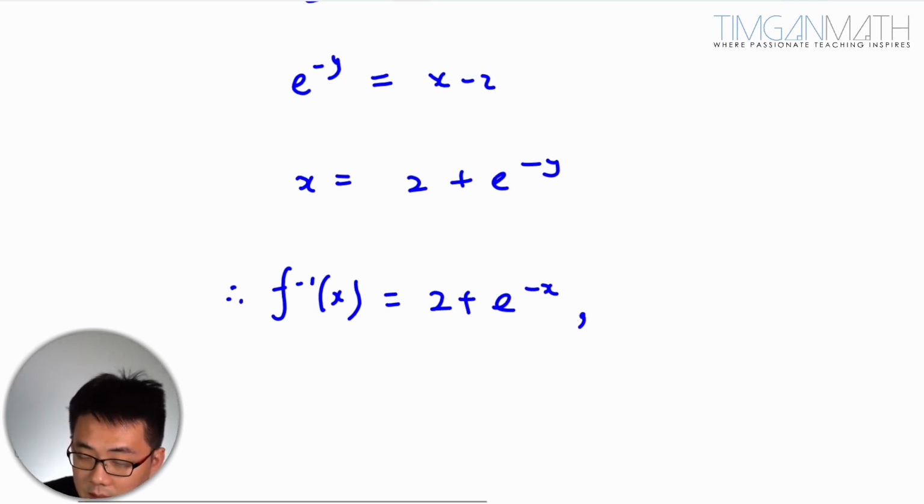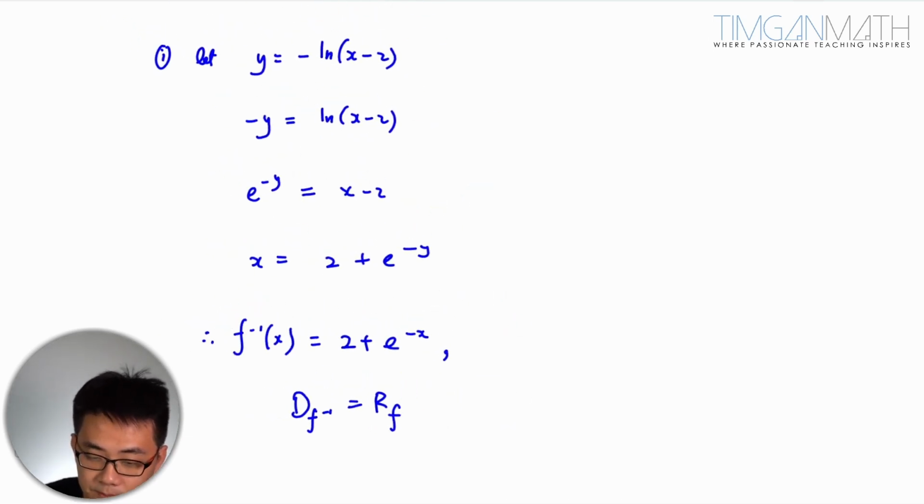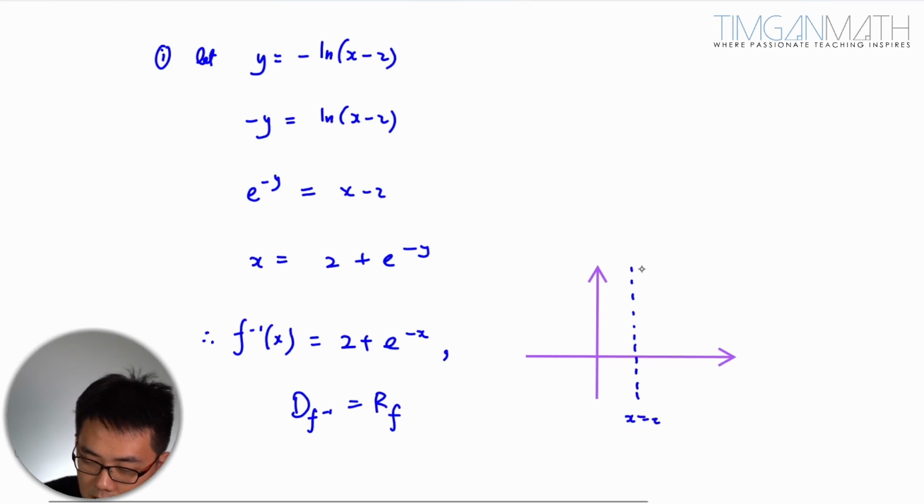After which what we need is the domain of f inverse. The domain of f inverse is the range of f. From this graph, remember, this is a logarithmic curve that is supposed to look something like that. It has a vertical asymptote at x equals 2, and it just goes from here to here, inclusive of 3.